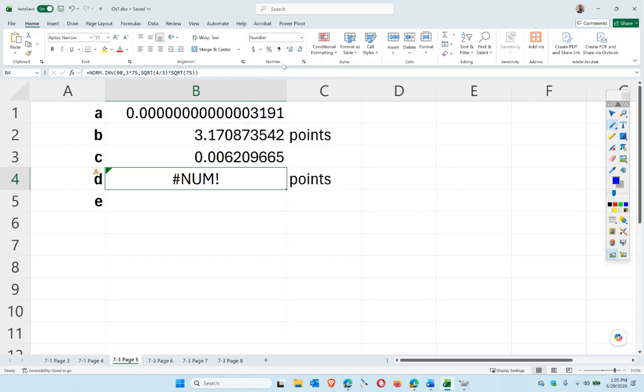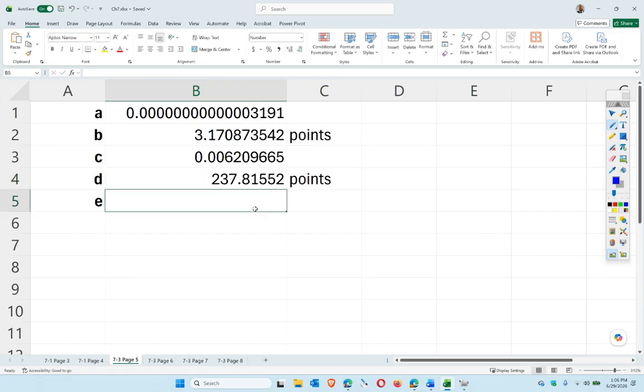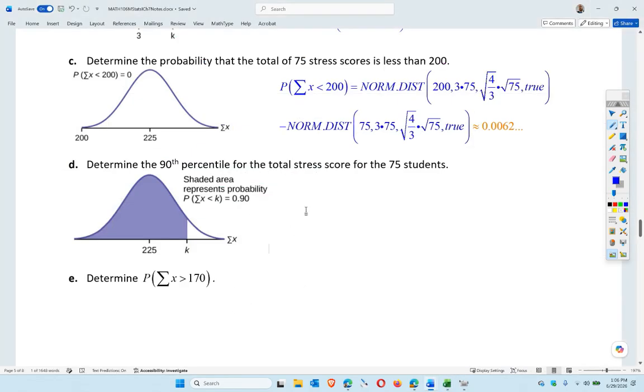Should be number. Did something wrong. Oh, 0 point. That's why. Obviously, you can't do a 9 millionth percentile, whatever it was. There we go. 237 points, essentially. Okay. All right. So, there we go. It's the 90th percentile. Probably should label that on the front, but that's okay.